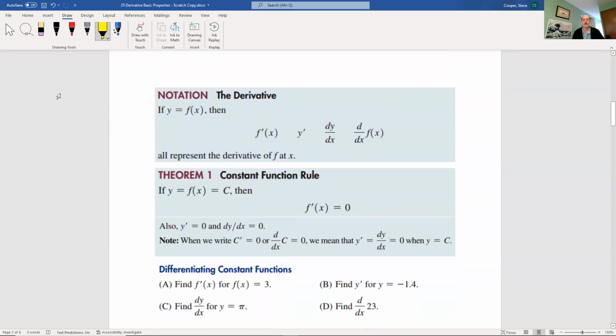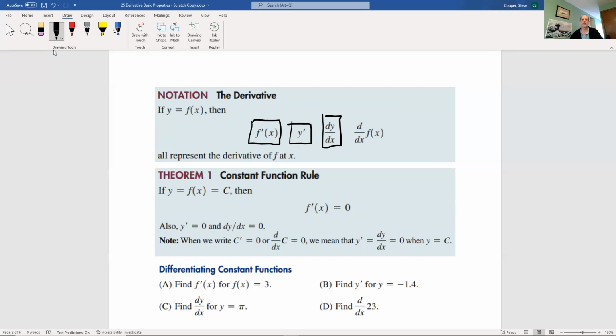And we're also going to give the derivative lots of different names. So we know the limit as f prime of x. If y is defined as f of x, we can also ask for it by calling it y prime. Now this notation is called differential notation.